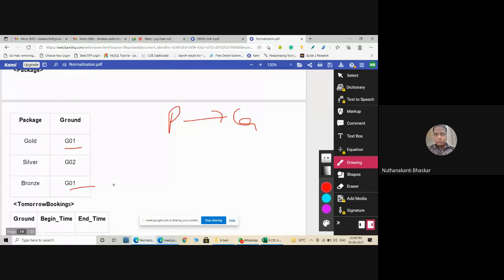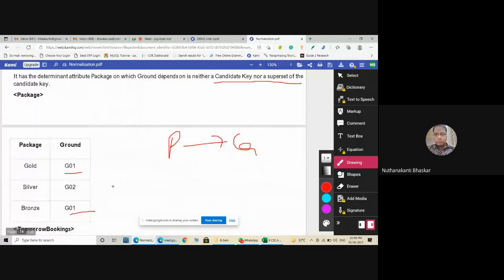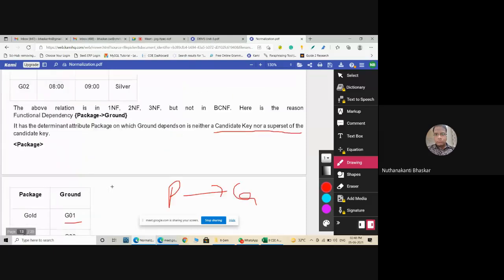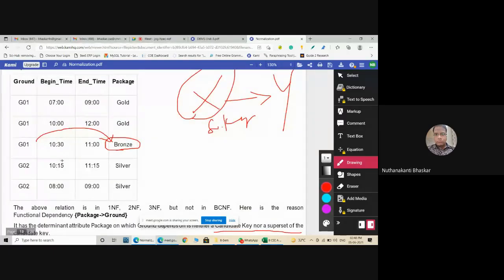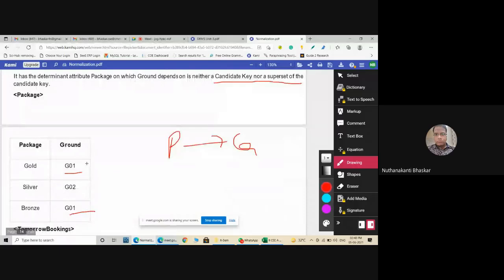But if you want to use this mechanism as BCNF, instead of taking package determines ground, then you need to decompose that and use a different table, so that here we get 1, 2, 3, 4, 5. 5 records are required, but when you do this decomposition with the help of BCNF, there is no primary key.